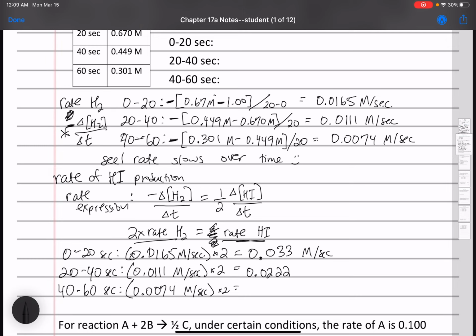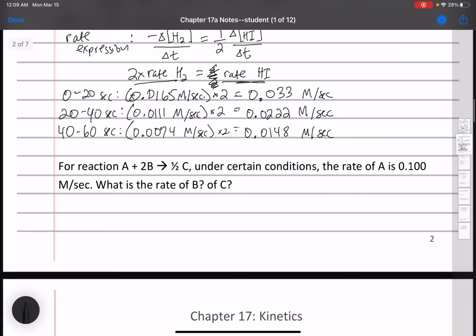So feel free to get out your calculators and check my math here. But you'll also notice that these rates are decreasing as well. So the rate of reactant depletion decreases over time, just like the rate of product production decreases over time.